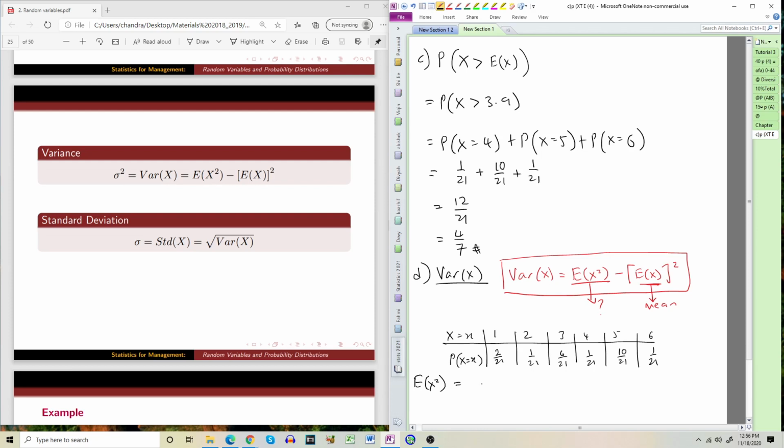For us to find E(X squared), it is the same thing, but you have to square x here.